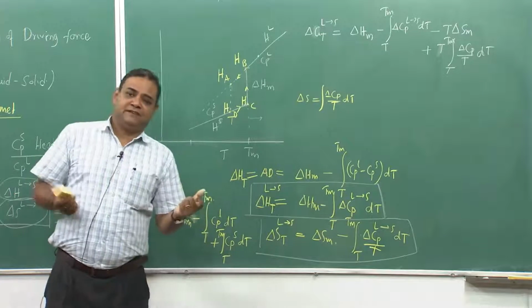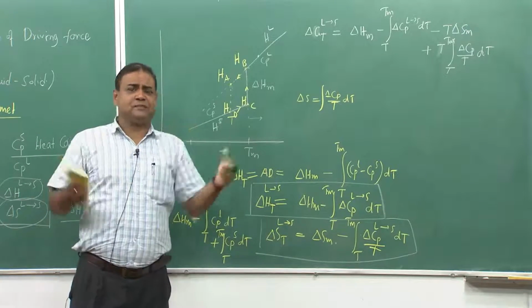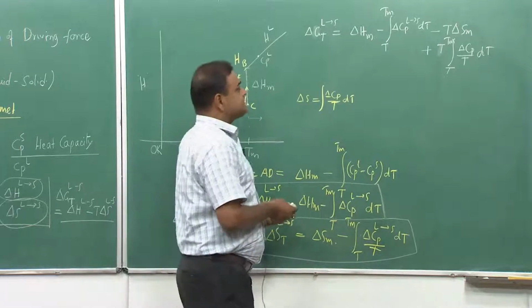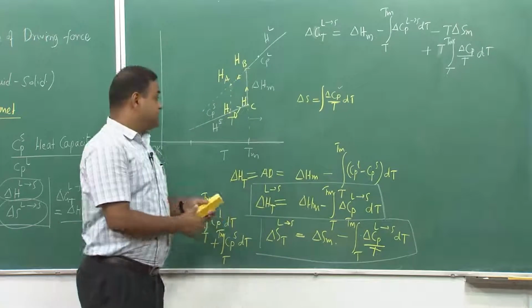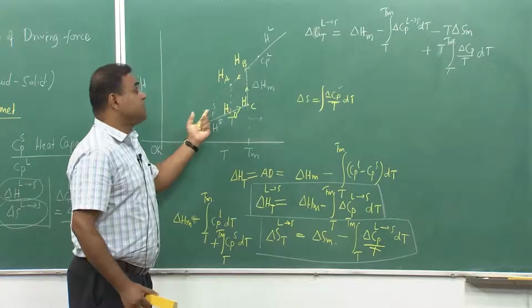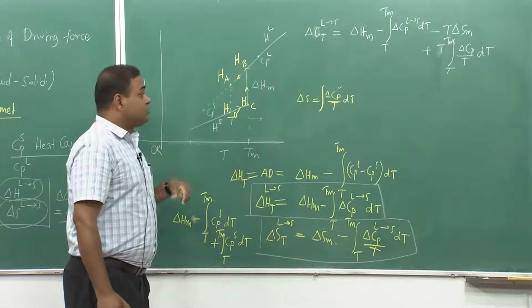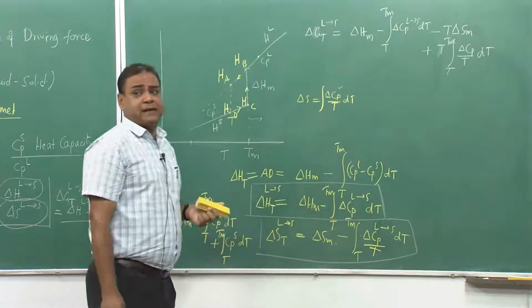I would simply consider those crude assumptions. The simplest assumption could be, if we do not have the del Cp value, it is very easy to find out Cp of solid, but very difficult to find out Cp of liquid below melting point. So we have to take some value of this del Cp.